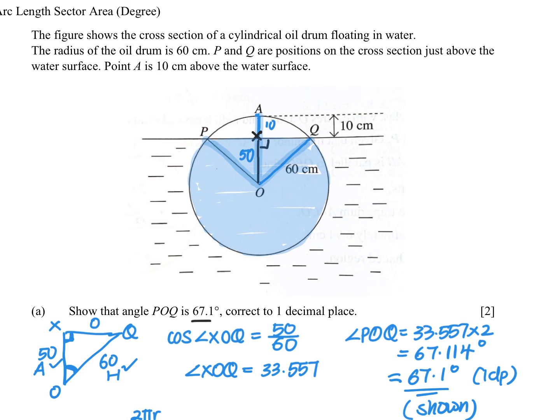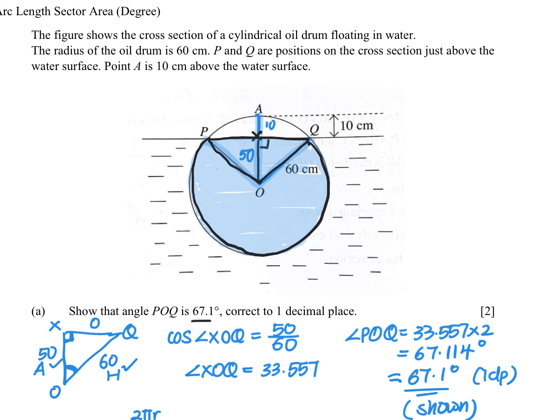This whole shape is actually the major sector, or I call it the Pac-Man, plus the triangle. Ask the Pac-Man to shut up, right? So we must put something in the mouth to ask the Pac-Man to shut up. So this is the area of the major sector plus the triangle.